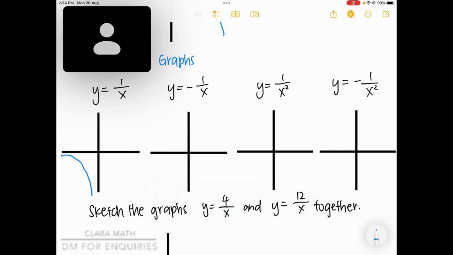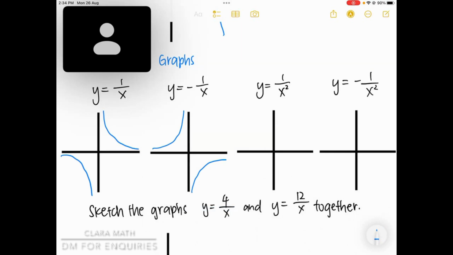It should be going nearer and nearer to the axis, but never touch. Then the negative of 1 over x will be like the one on top you flip down, then the one below you flip up. Then it will look like this and this. So you flip those that were up, come down, and down, go up.